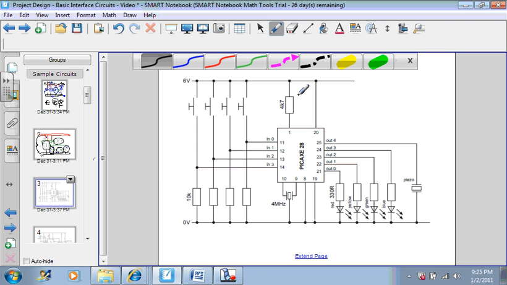Here are other circuits that you can see the format. Rail, signals going in, signals coming out, output component, input component, and additional components that are needed to help the components work.